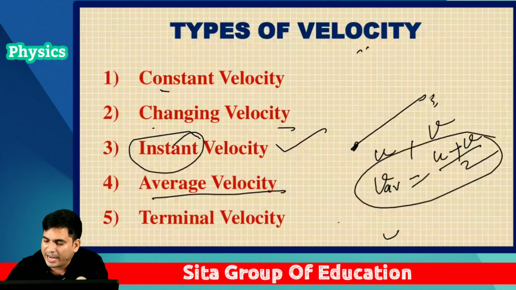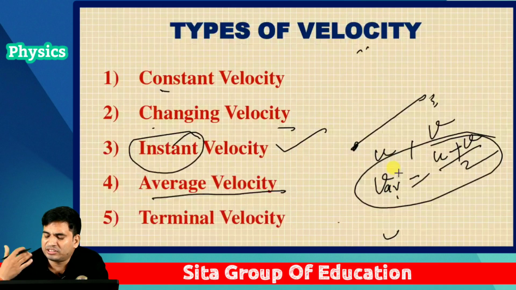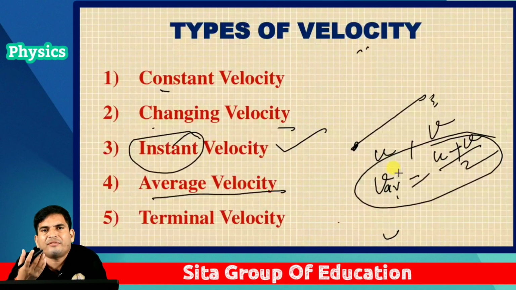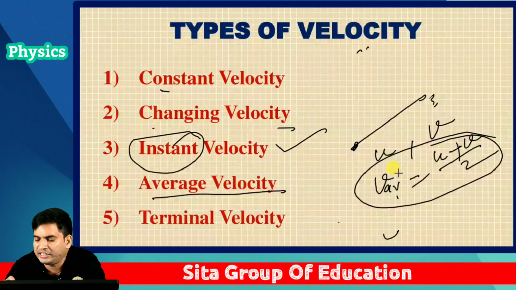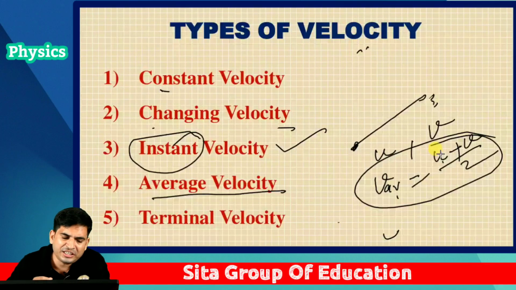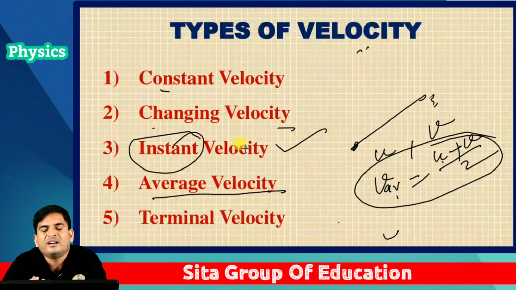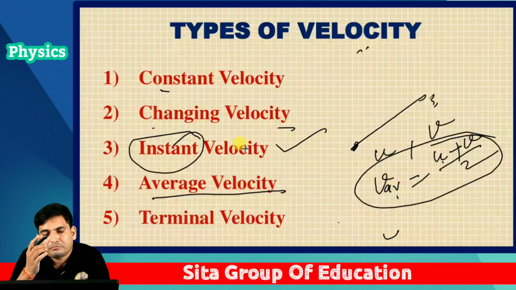The average is the sum of the velocities upon the total number of terms. It means (u + v) / 2. In this way you can calculate the average velocity.